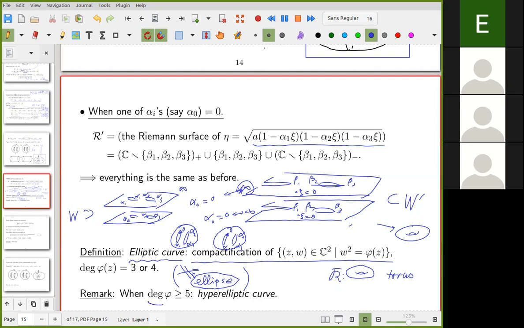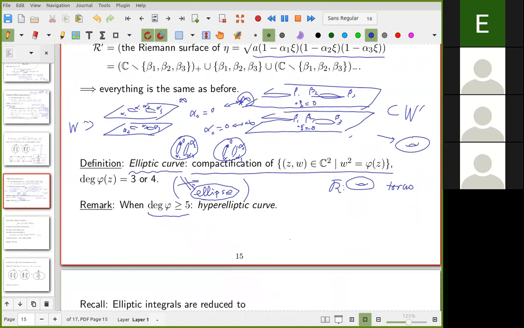And when the degree is greater than 4, then the compactification of the Riemann surface for the square root of psi is called a hyperelliptic curve. Of course, there is no hyperellipse or something like that.